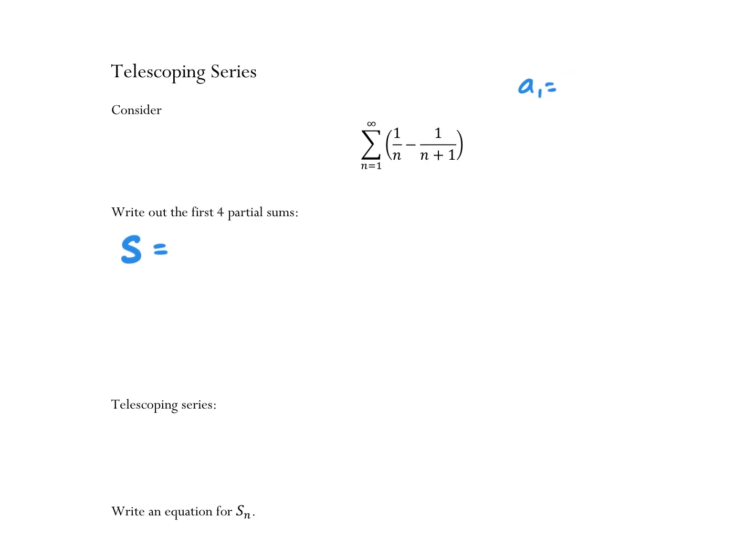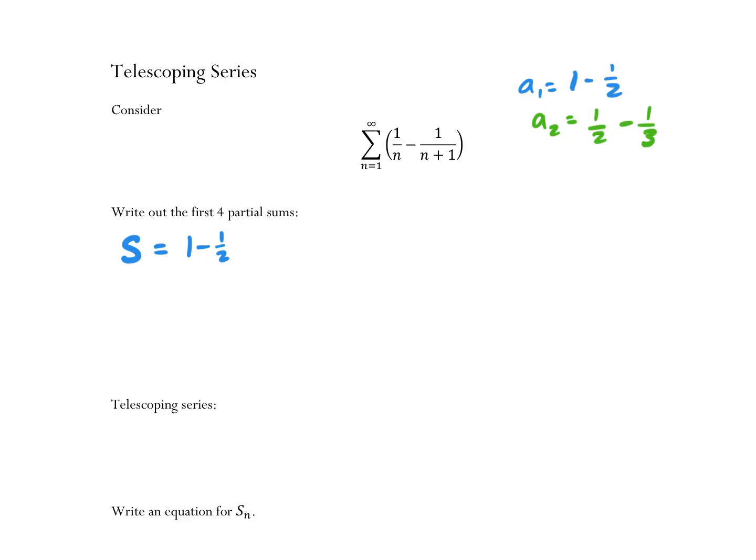I'm going to write it as two terms, so it's 1 minus 1/2. So my first partial sum is 1 minus 1/2. What's A2? It would be 1/2 minus 1/3.